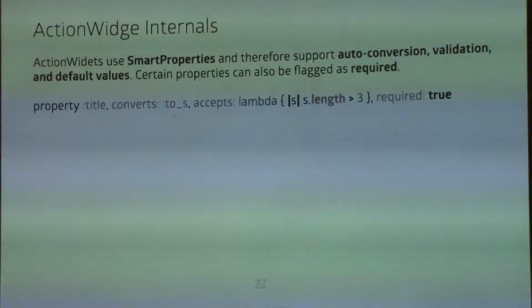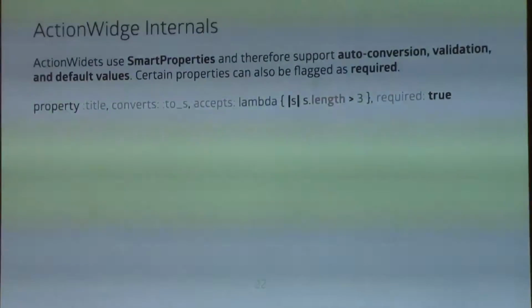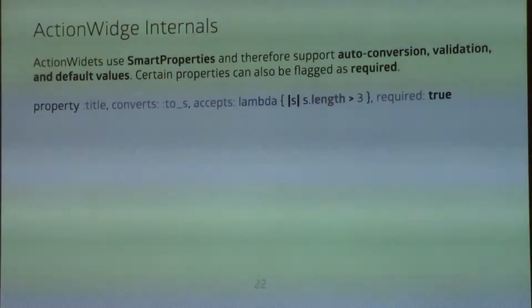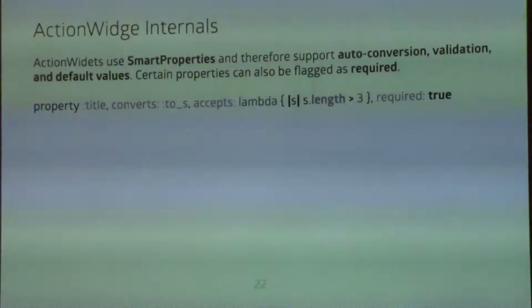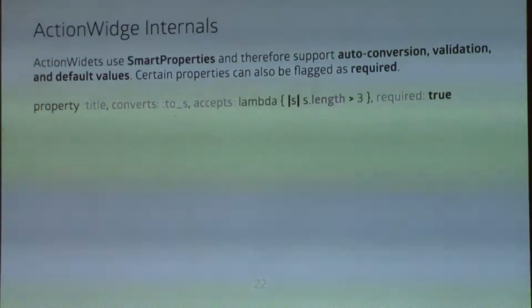And then, as you've seen before, ActionWidgets support properties, which are sort of a little more advanced Ruby attribute accessors. So the call to property actually generates an attribute accessor pair for you, and the call to converts specifies what should happen upon assignment of this attribute.